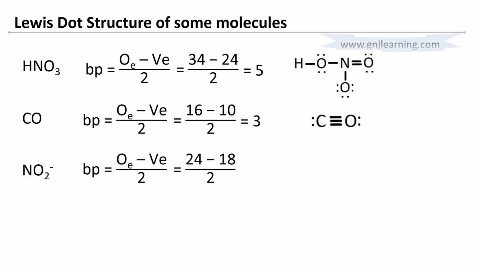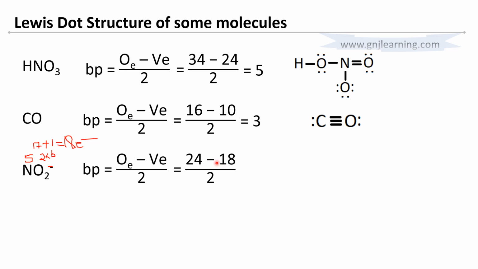In the case of nitrogen, the available electrons are 5. For oxygen, that is 2 into 6, which means 12 plus 5 is equal to 17. And already the molecule has a negative charge. So that negative charge is added. So the total available electrons is 18. That's given here. Clear?